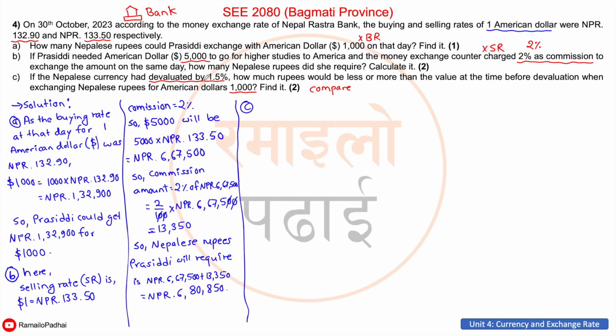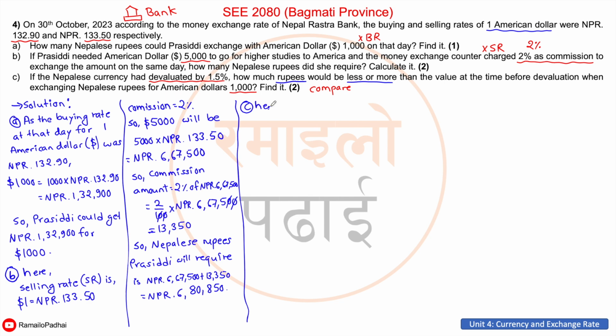If the Nepalese currency devalued 1.5%, how many rupees would be less or more than the value at the time before devaluation when exchanging Nepalese rupees for American dollar 1000. So here the American dollar will be exchanged to get Nepalese rupees. So the bank will be buying 1000 American dollar. So we will use the buying rate.